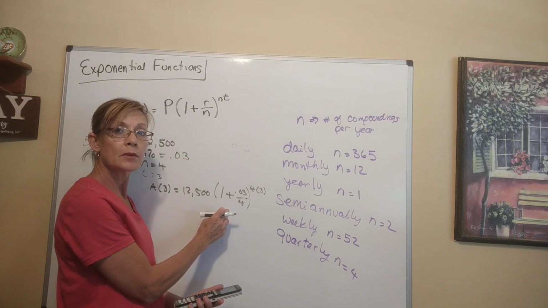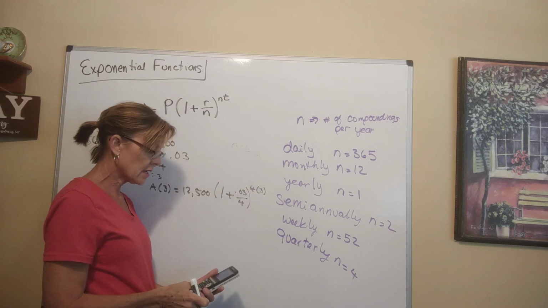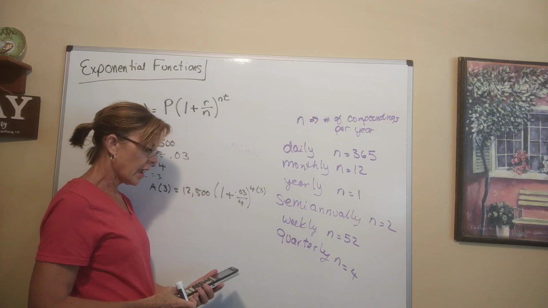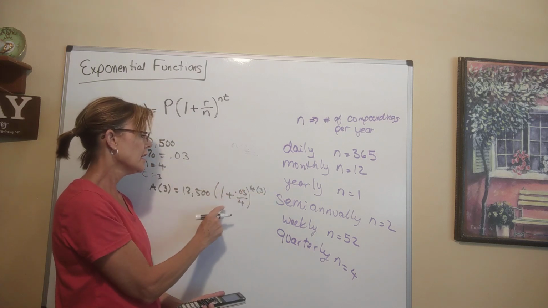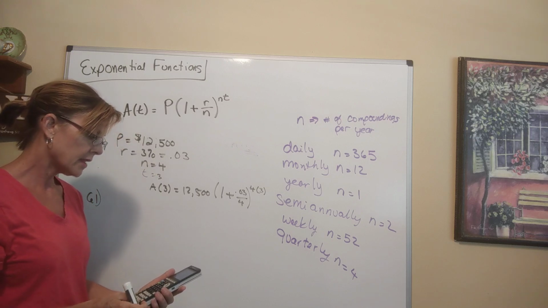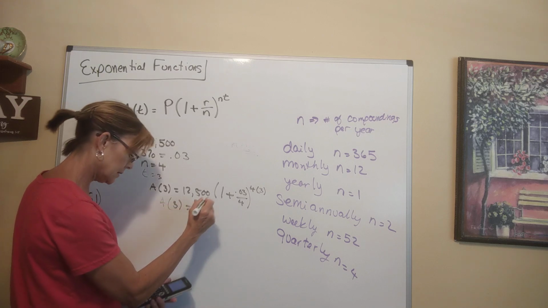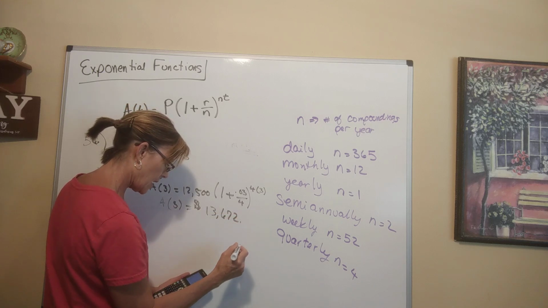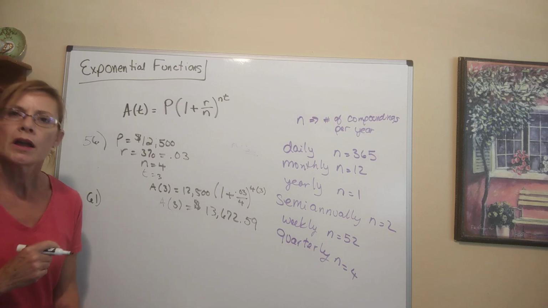I'm going to raise that to the power of 4 times 3 and hit enter. And now I have 1.0938 and some more digits. So all of this part is done. I'm simply going to multiply that times 12,500, and that gives me that the amount in the account after 3 years is $13,672.59.